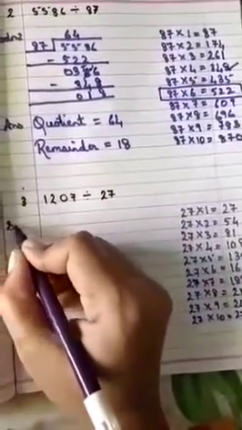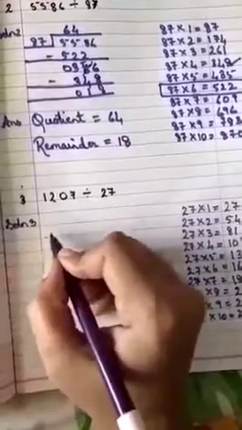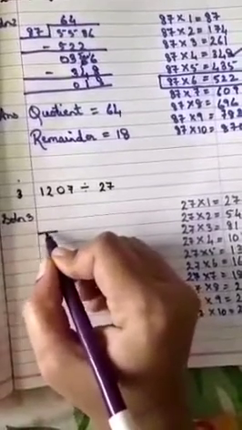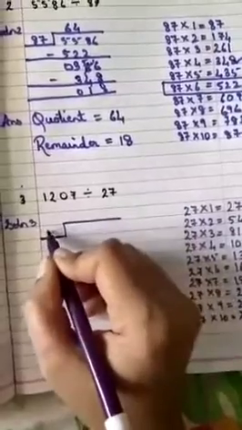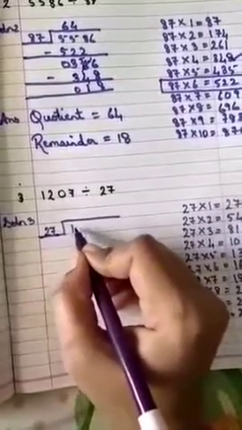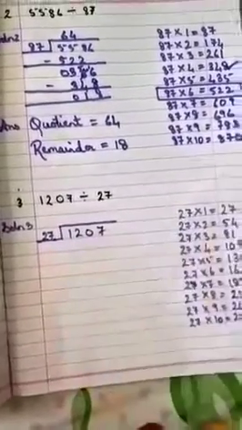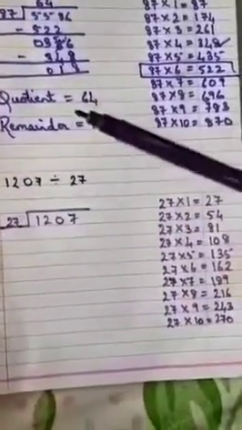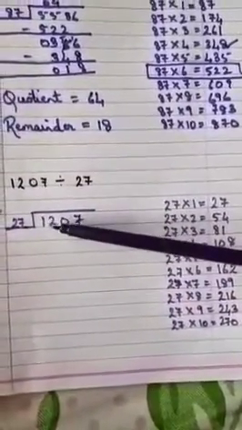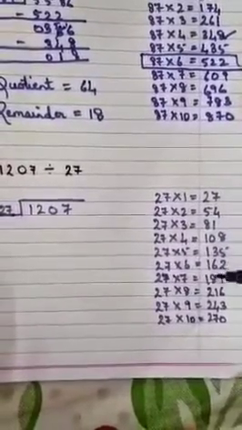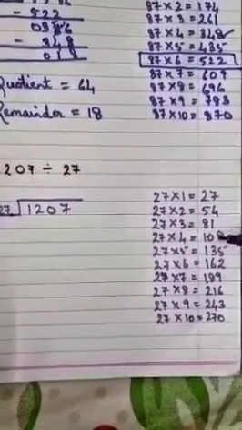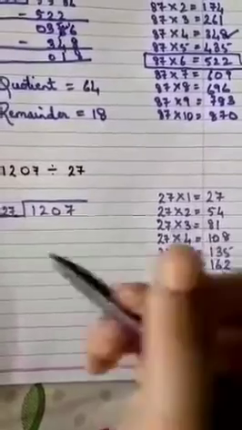So we'll write here solution 3. 27 and 1207. Now we'll see the first 3 digits, 120. Is there any number less than 120? Yes, 27 fours are 108.